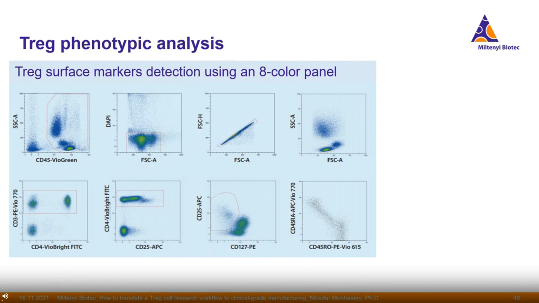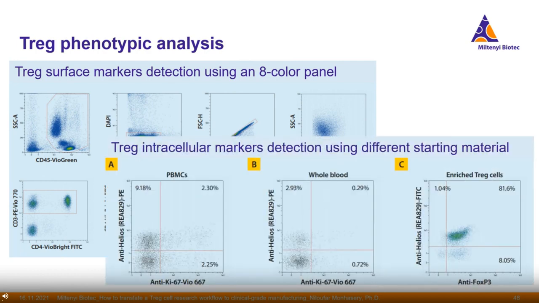Here I can show you Treg surface marker detection using an 8 color panel. We can help you to even do the correct gating and design the proper panel for your specific needs, and also stain the intracellular markers and surface markers, and then the cells from different resource cells.